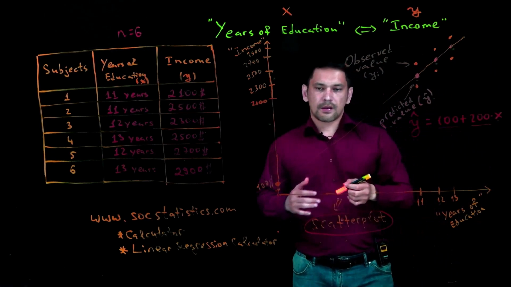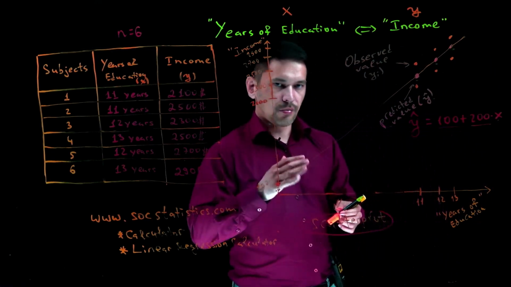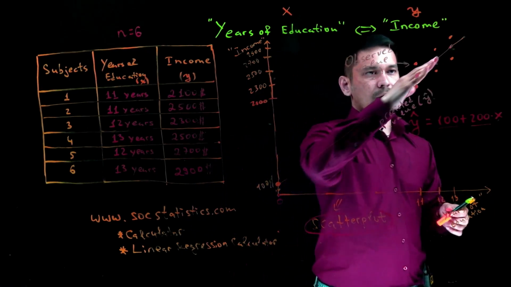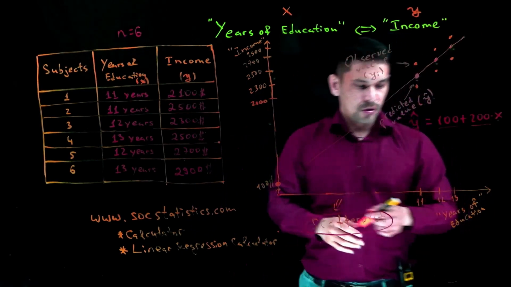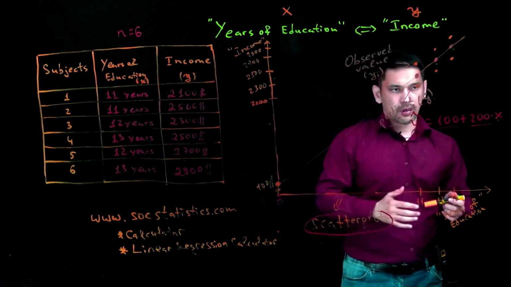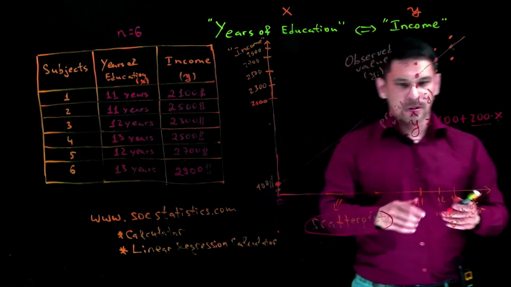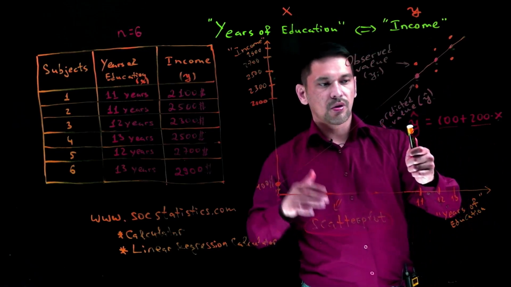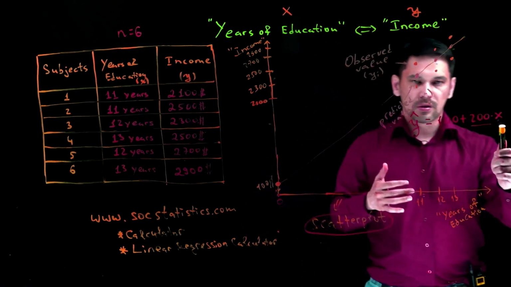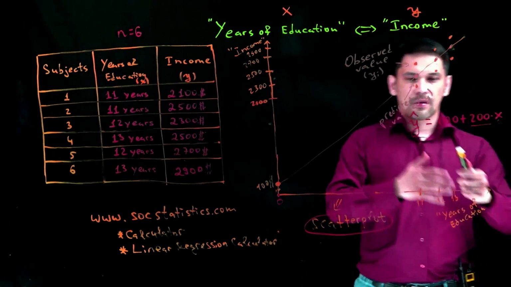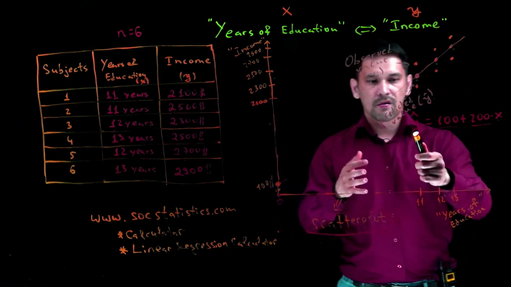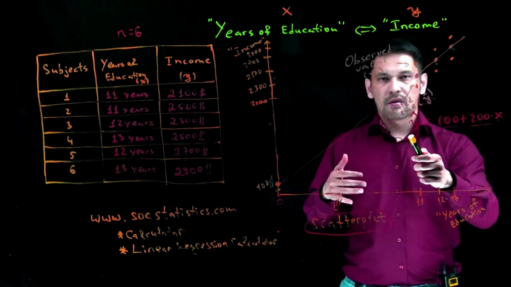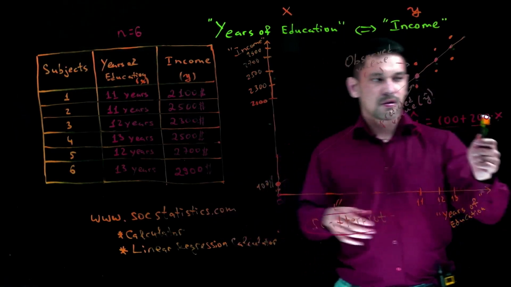Now, since we assume that the regression line goes through the averages for all the y values, it's very important to understand that the regression equation shows what the y variable is equal to on average when x is equal to a certain value. So the regression equation doesn't show what the y variable is equal to exactly. It shows what the y variable is equal to on average for a certain value of x.